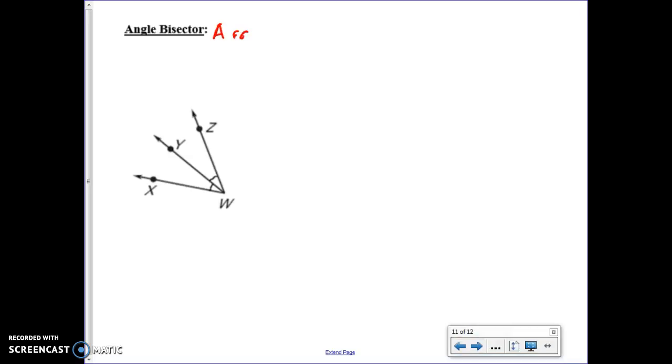A ray that divides an angle into two congruent angles.